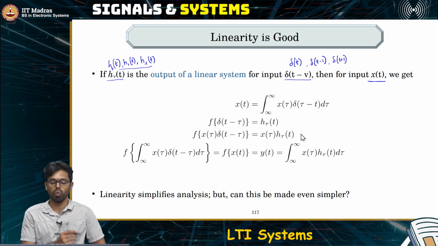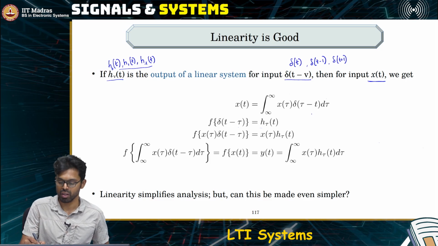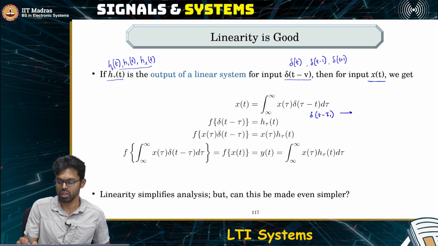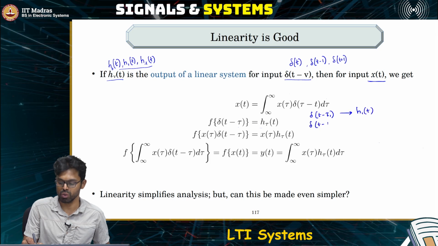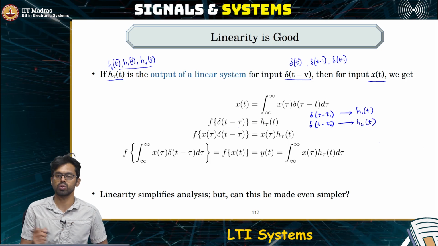Okay. Now what if I had two possible inputs? Now let us say the input tau1 produced an output h1 of t, and the input tau2 produced an output of h2 of t.